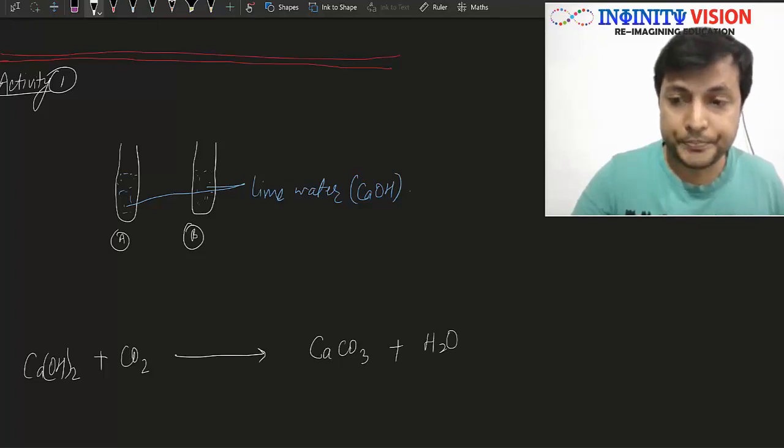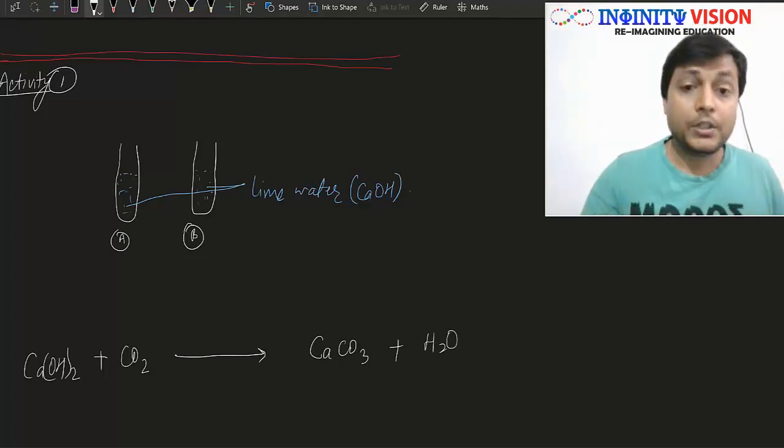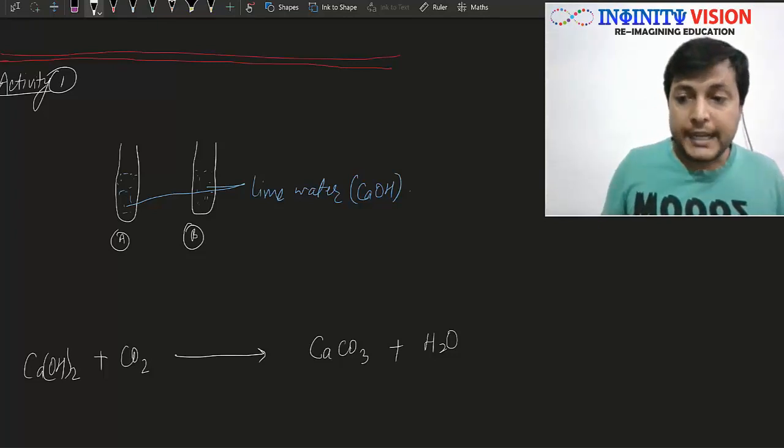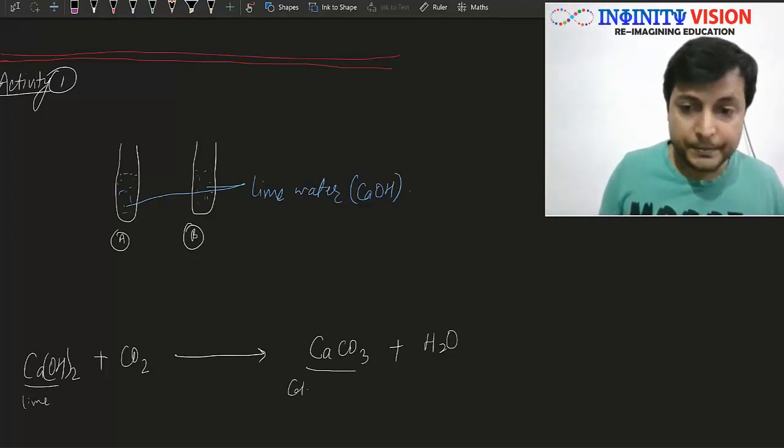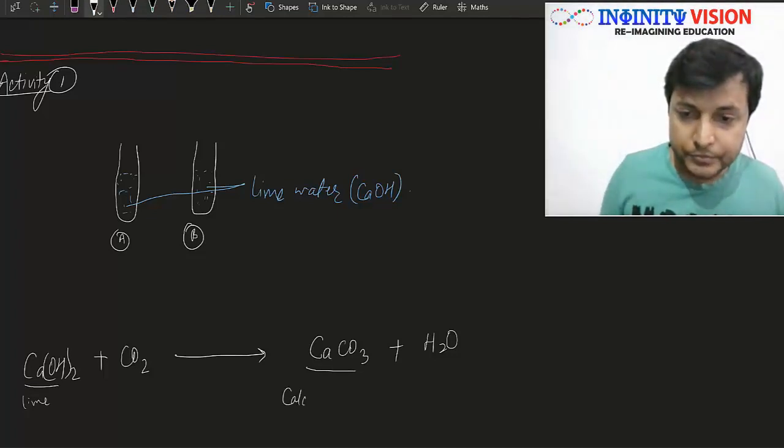H2O, water. Correct? So we know that the lime water is converted into calcium carbonate.